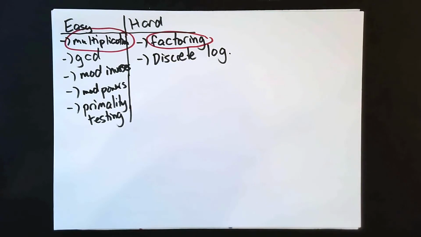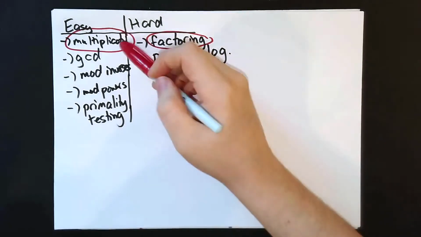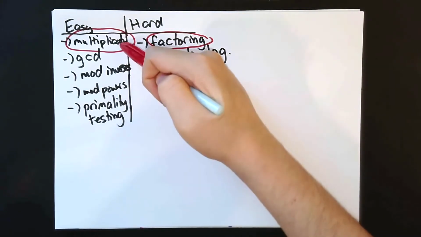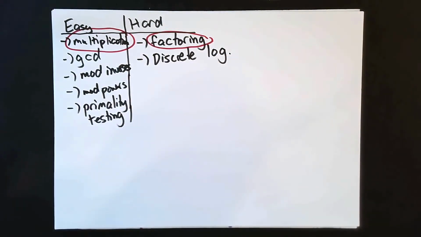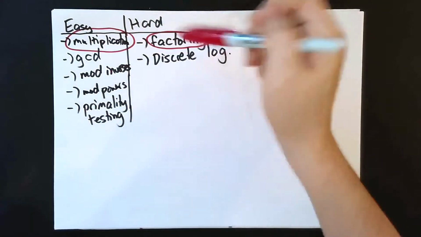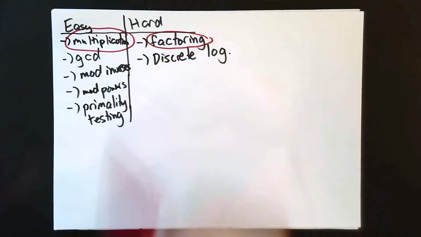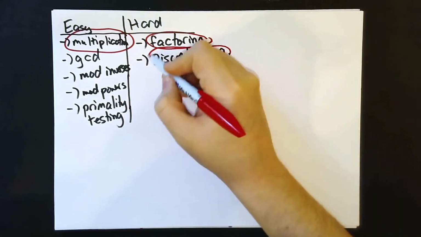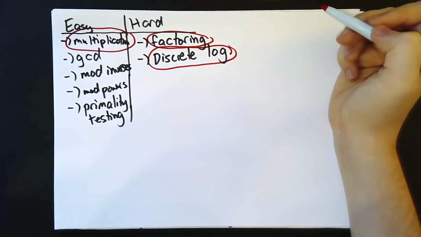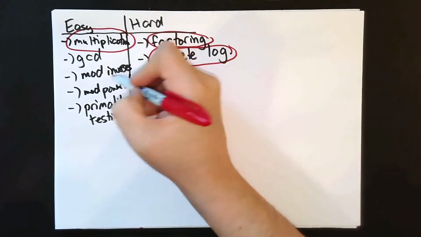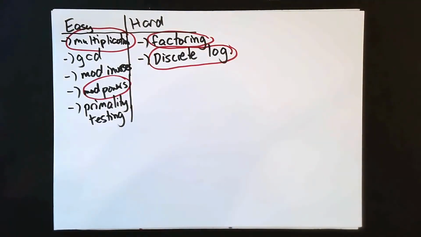If I take two huge numbers and I multiply them together and then give you the product and say factor it, I'm asking you to undo the thing that I just did. And the fact that multiplication is here in this easy column tells me it was easy for me to multiply them together, and it will be hard for you to factor them. The discrete log problem is asking you to undo modular powers.